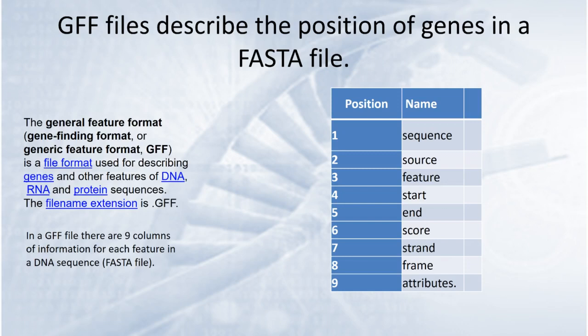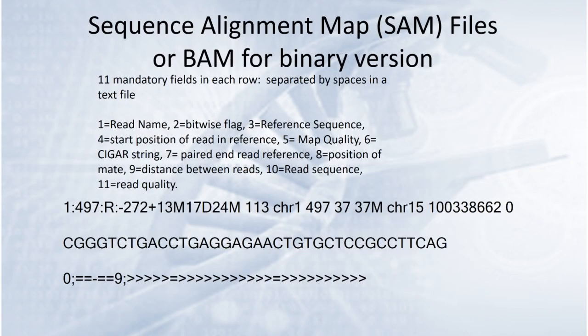The important thing about this, and you'll see these, is that this information is always in the same place and of the same format. So if we're going to use or interpret a GFF file, then every GFF file will have the information in the same place, and that's what's really important about those.